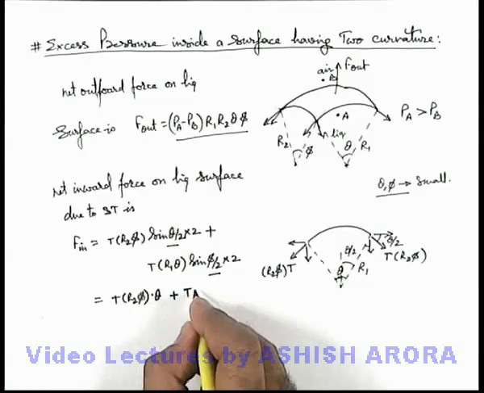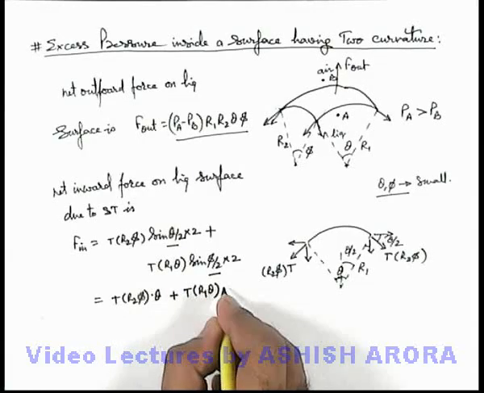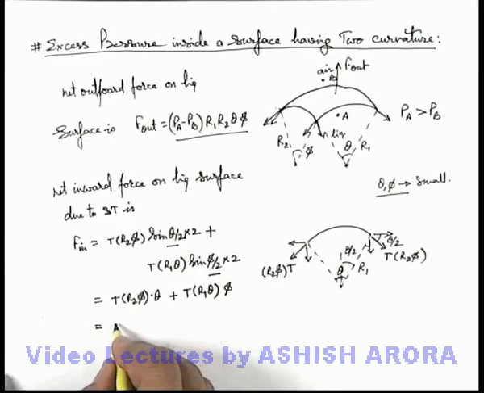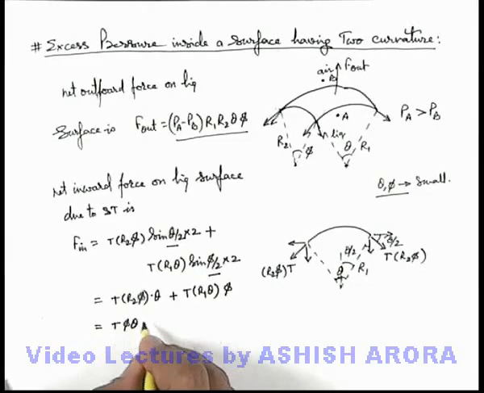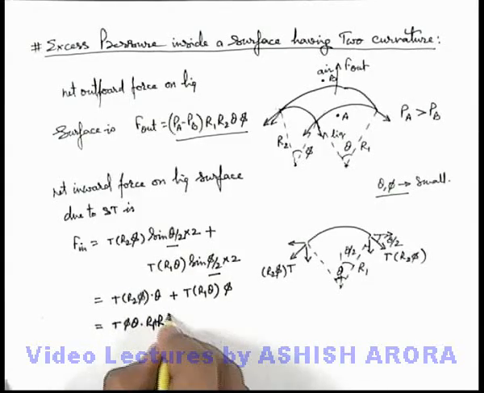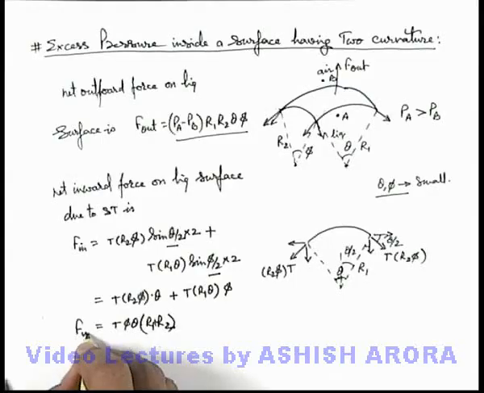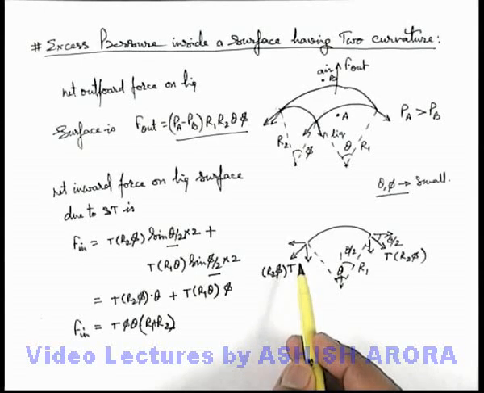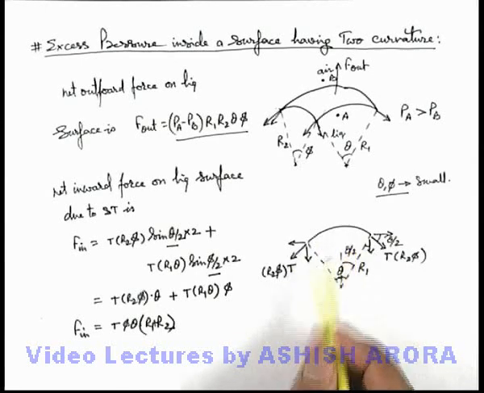Plus T r1 theta multiplied by phi, so the result will be T phi theta multiplied by r1 plus r2. This is the net inward force acting on the surface due to surface tension. For equilibrium of the liquid surface, the two forces must be balanced. Let's continue on the next slide.